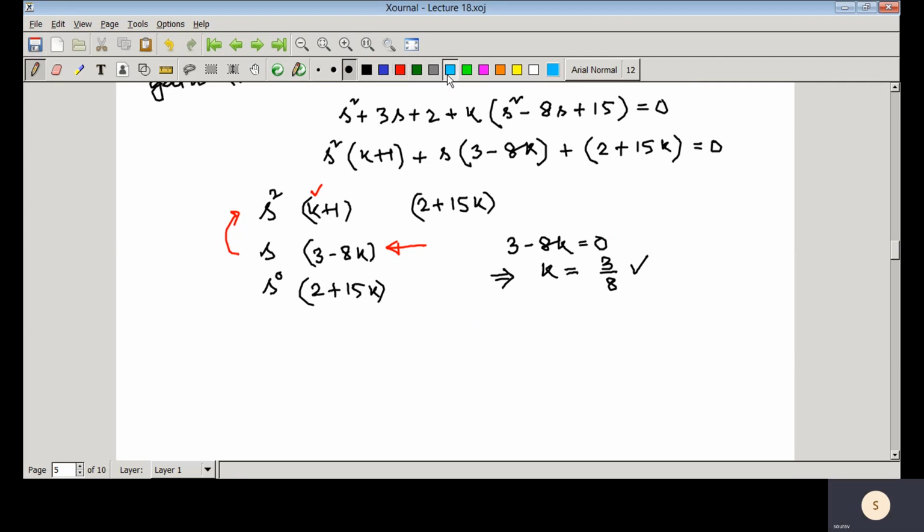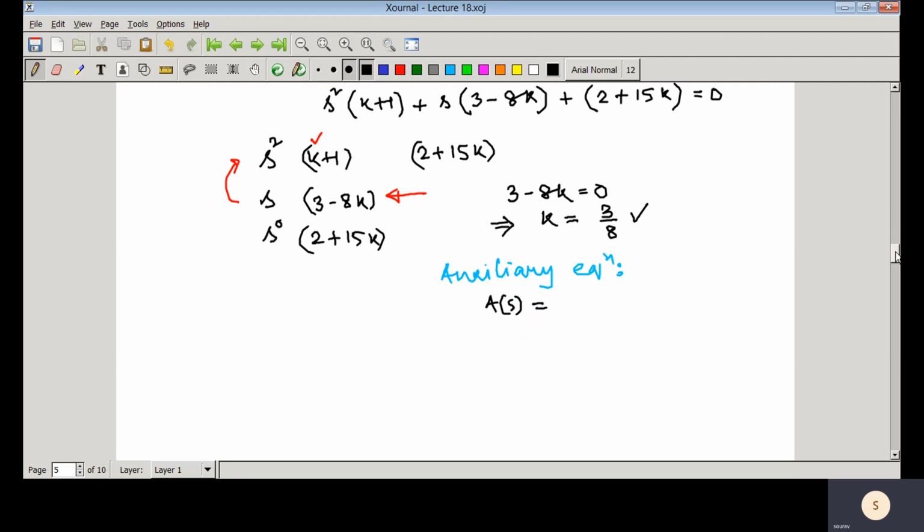So that auxiliary equation becomes, if you just replace that value of k, 11 by 8 s square plus 61 plus 8.